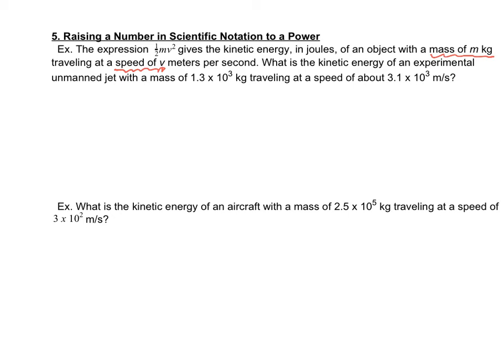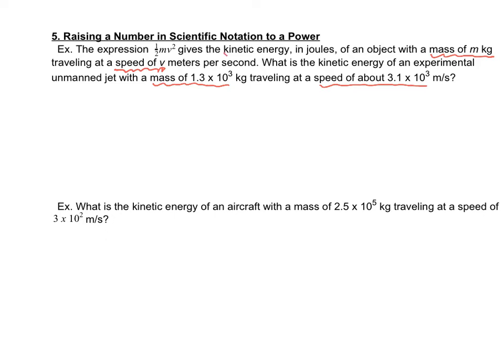What is the kinetic energy of an experimental unmanned jet with the mass of, looks like they've given me a mass of 1.3 times 10 to the third kilograms, traveling at a speed of 3.1 times 10 to the third power meters per second. And well, it says, what is the kinetic energy?